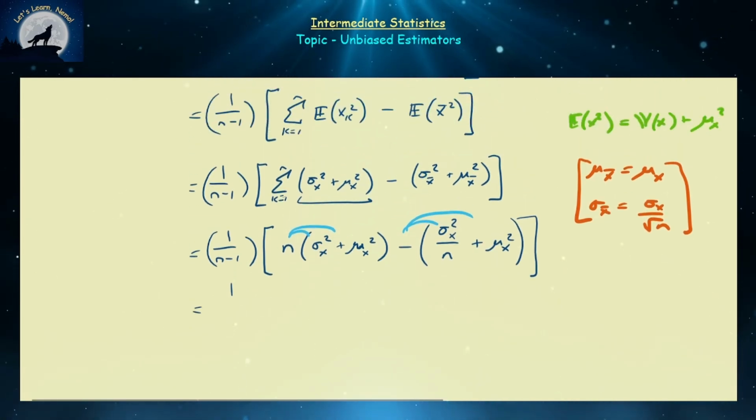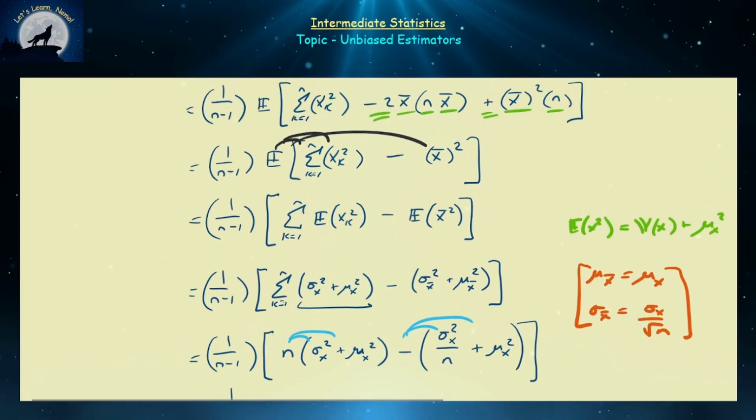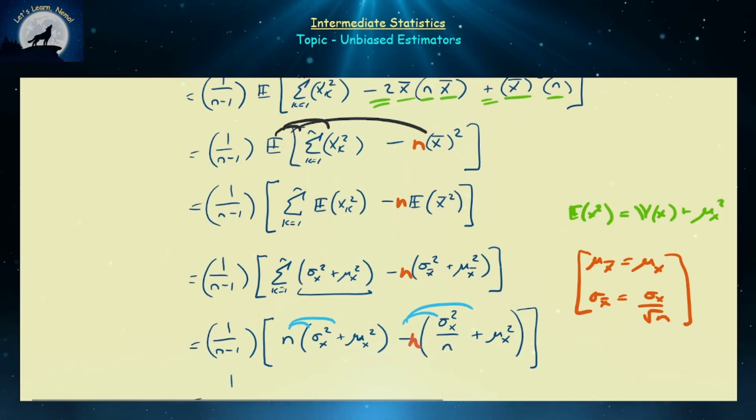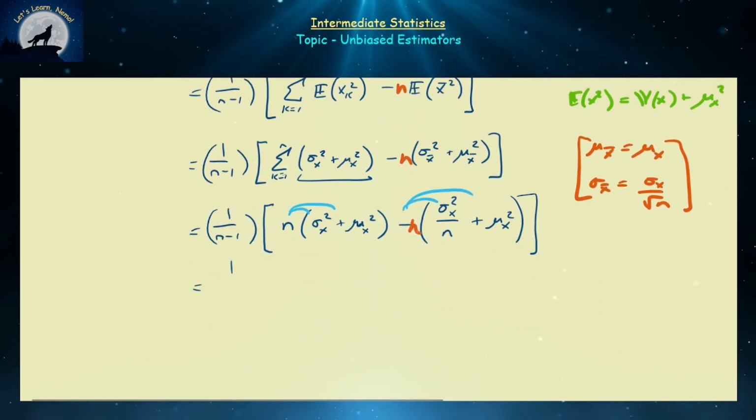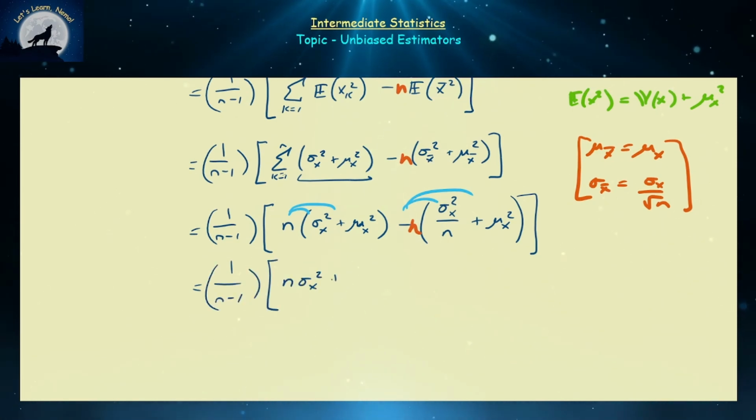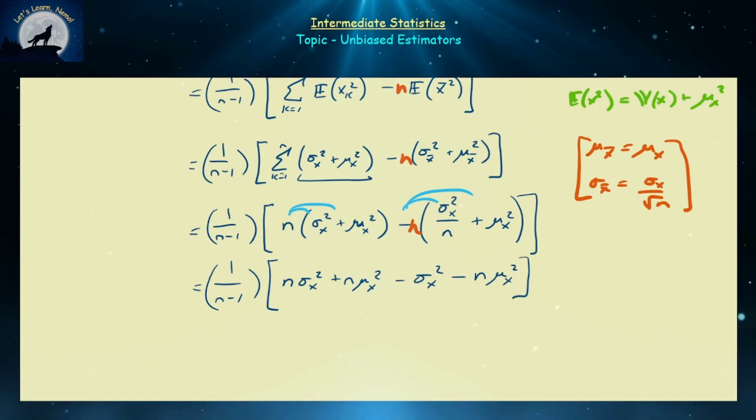I think we also missed an n sign. Yeah, we have minus n. So let's throw n there before we forget about it. And let's distribute that n, because that fraction is definitely going to make things not so nice if we forget about it. So then we're going to have n sigma x squared plus n mu x squared minus sigma x squared minus n mu x squared.